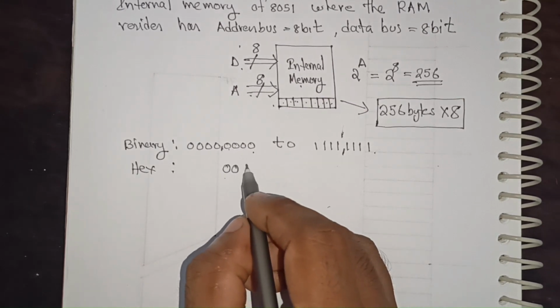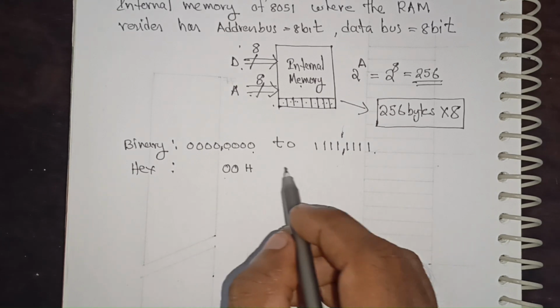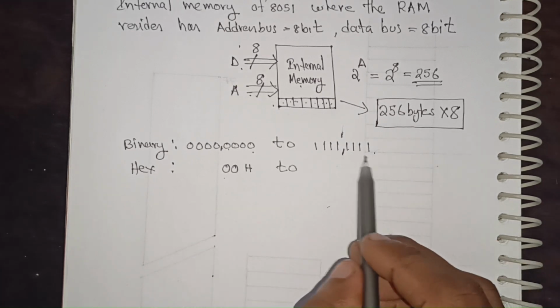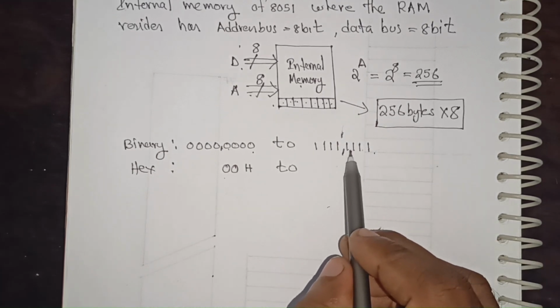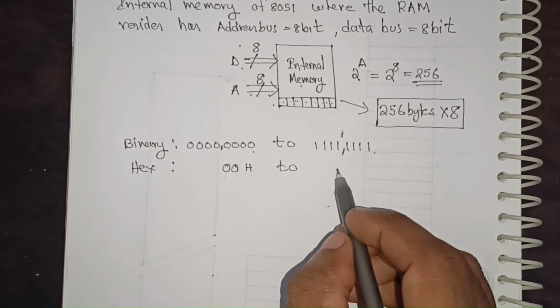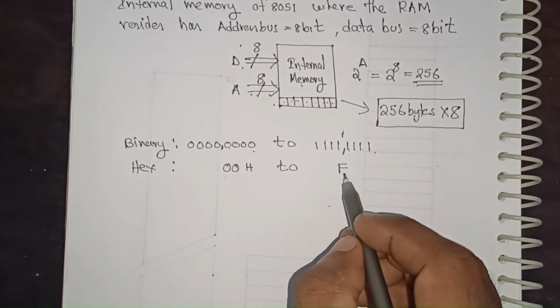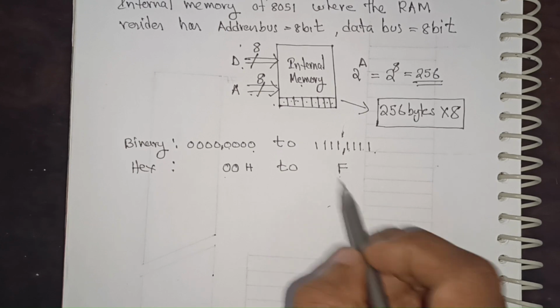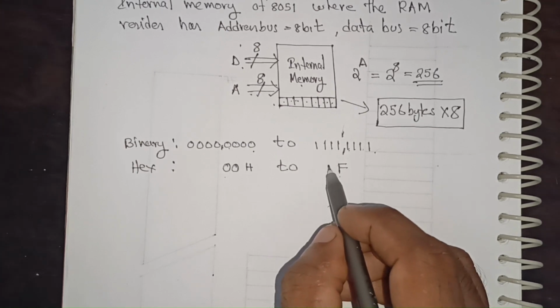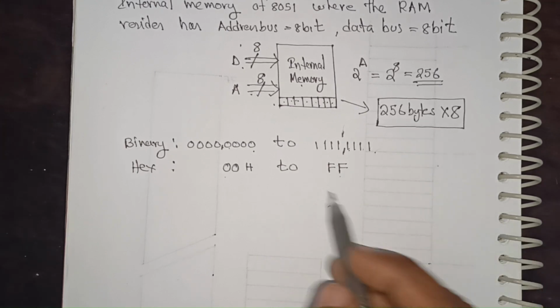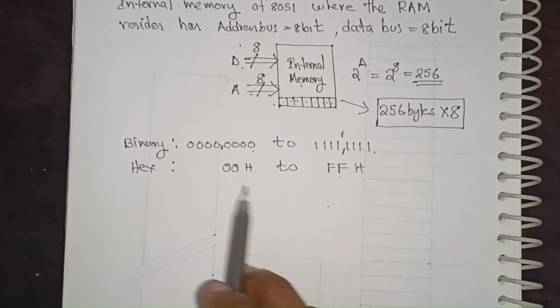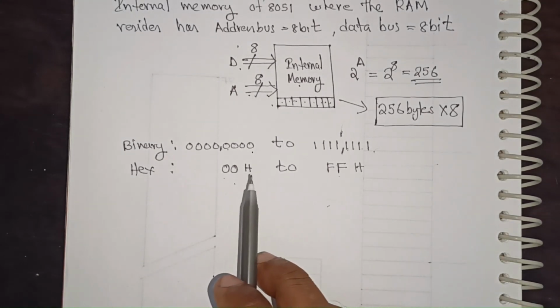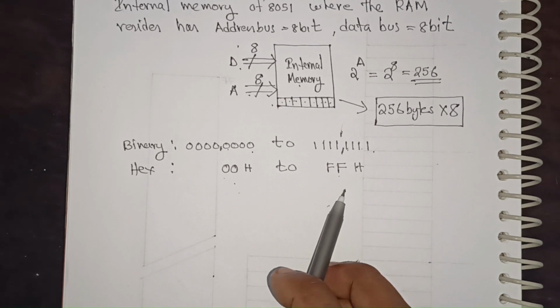For 1111 in hexa we write F, and for these 4 bits also we write F. So this is the address range in hexadecimal representation.